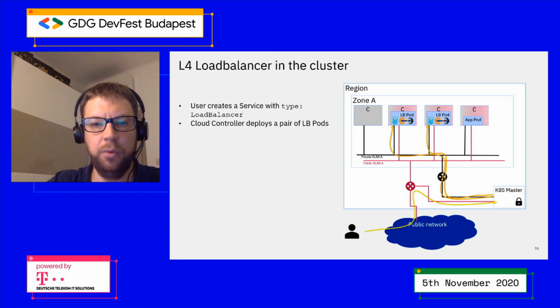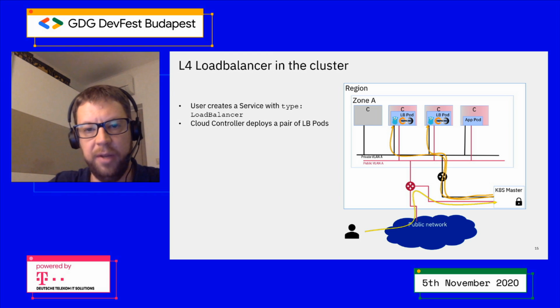So there will be two kinds of special pods deployed into your cluster to have HA. And there is an interesting component inside, which is an open source component. It is called keepalived. If you are not familiar with that, it is a small project which is an HA load balancer control plane. Basically, it talks a bunch of interesting protocols.